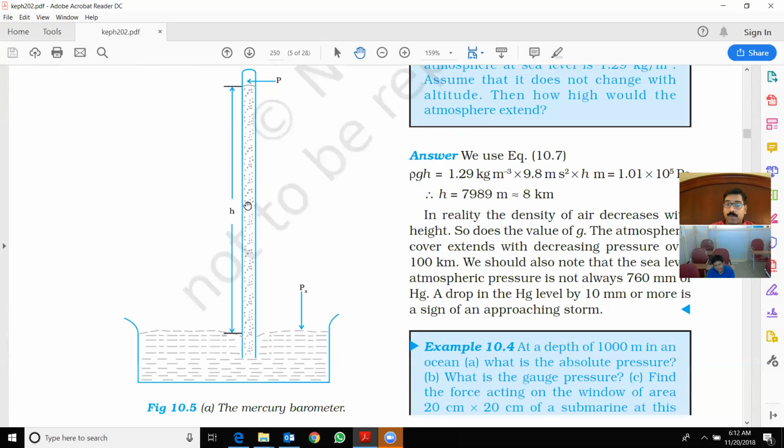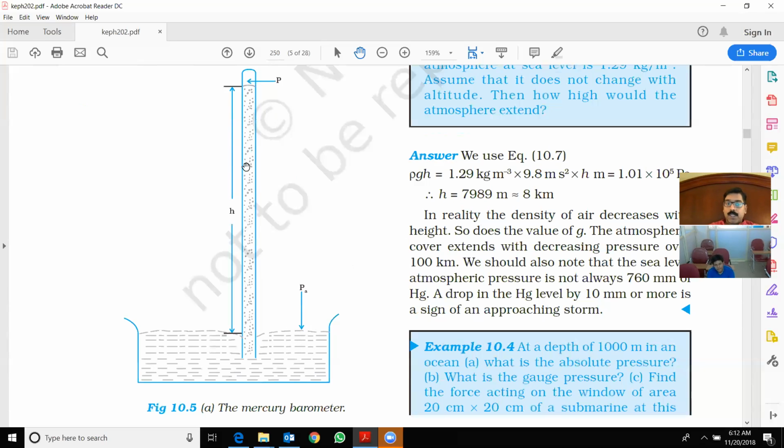But this one is not open right now because it is closed from this end. Now when this is closed from one end, whatever column of mercury is left has to balance the atmospheric pressure on the other side, outside, right?